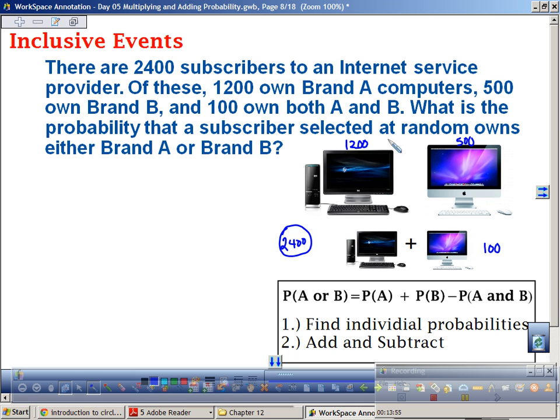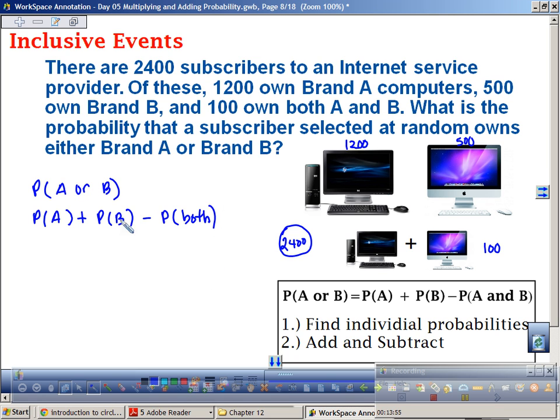What is the probability that a subscriber selected at random owns either brand A, so probability of A, or B, which would be the probability of A plus the probability of B, but we have to subtract the probability of both.